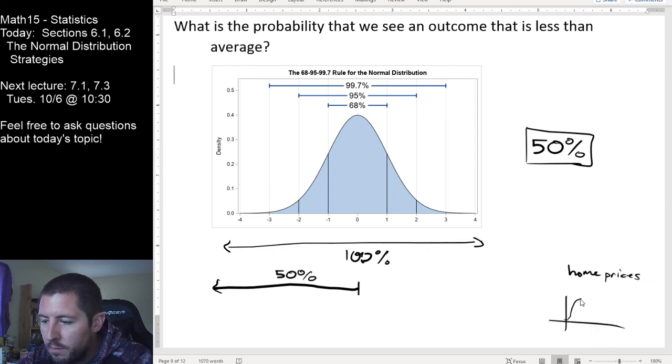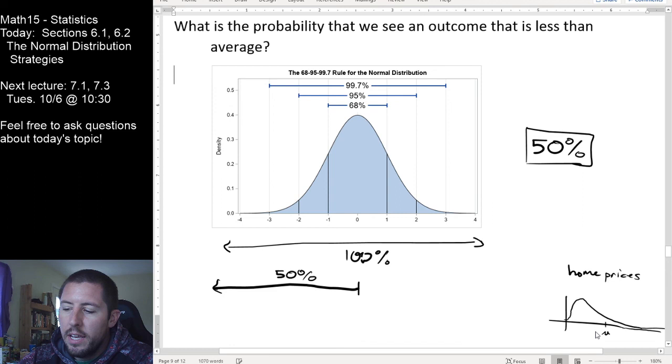It's more like this right here. The average out here is going to be like here because there's those couple like $10 million homes, right? Here, half of observations are not above average and half are below average. We don't get that in non-symmetric distributions out there. But because the normal distribution is symmetric, well, then we can say 50% are going to be below average, 50% are above average.